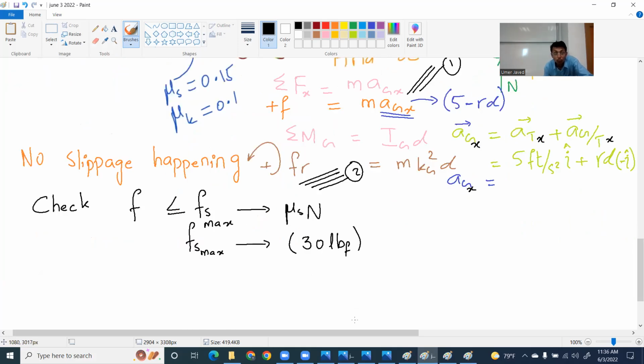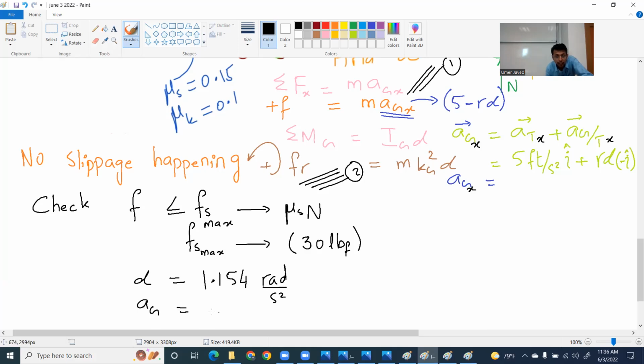Now, what about alpha? Alpha is 1.154 radian per second square. I have also found 1.154. Got it? Good. Because I was worried that the notes, I think, are correct.